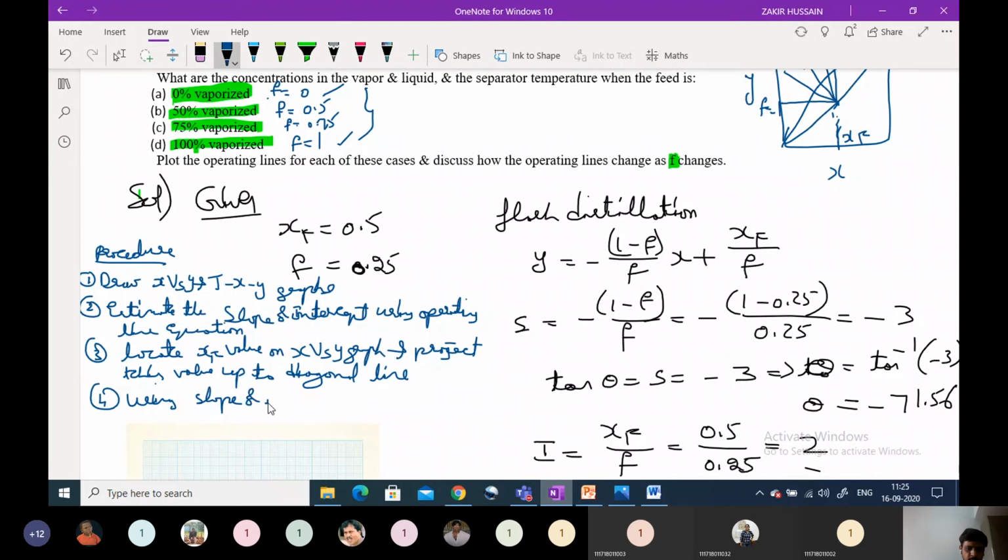Okay, then next, using the slope and intercept, draw the operating line.